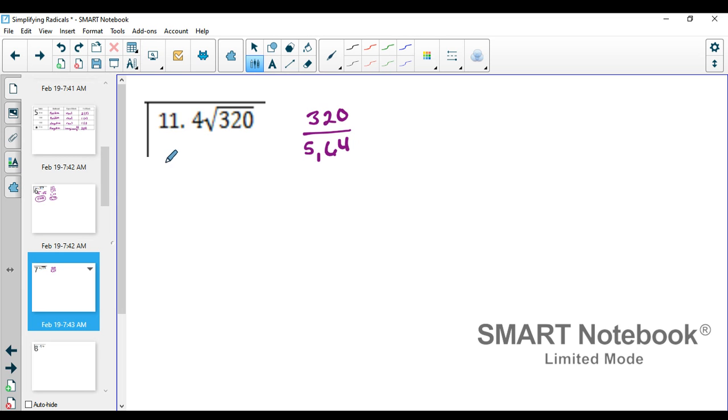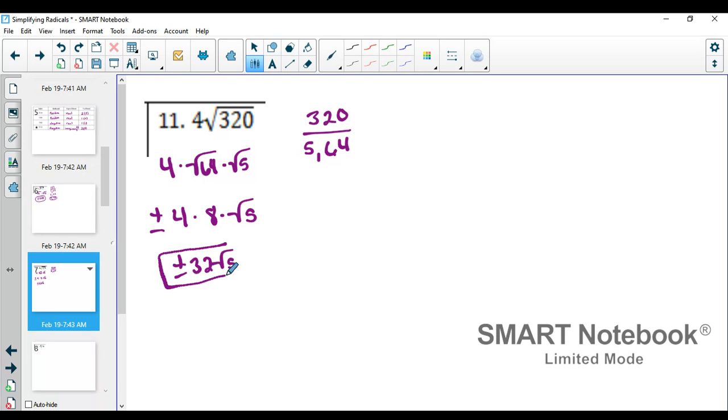So now this becomes 4 times the square root of 64 times the square root of 5. So then the square root of 64 is plus or minus 8. So I'm going to put the plus or minus in front, and then we have 4 times 8 times the square root of 5. So then multiply this 4 times 8. So we have plus or minus 32 square root of 5. And there we go. So that's 4 square root of 320 simplified.